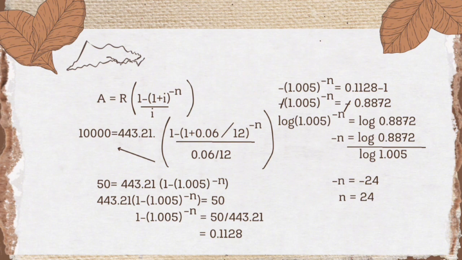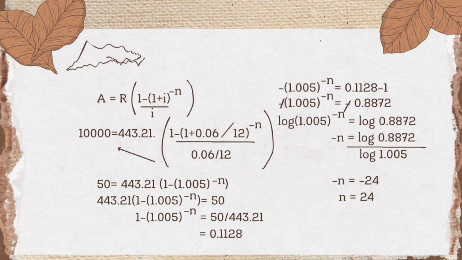1 minus (1.005)^-n equal 50 divided by 443.21, which equal 0.1128.